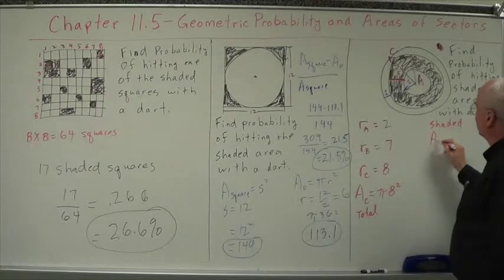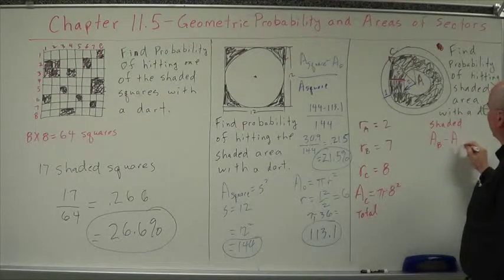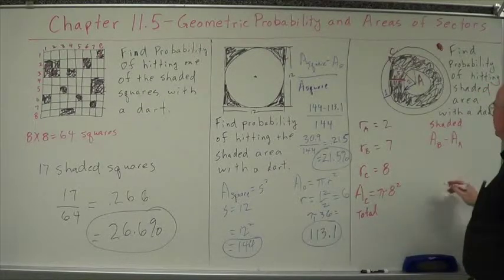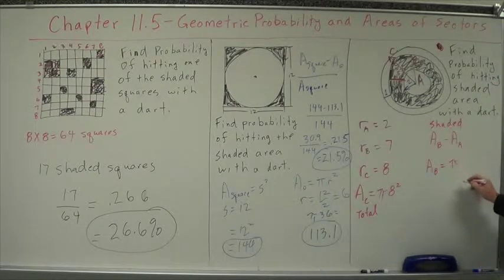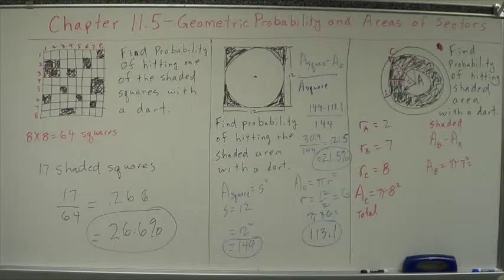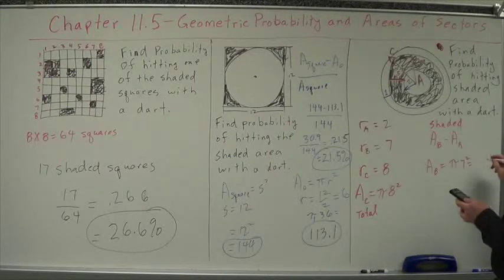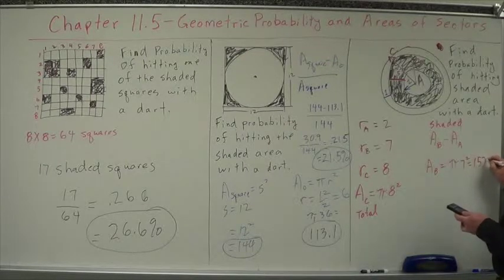Area of B equals pi times 7 squared, which is pi times 49, equals 153.94.